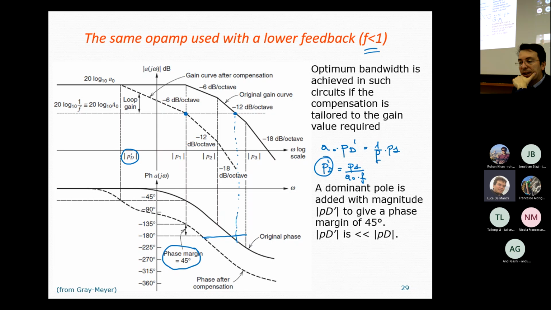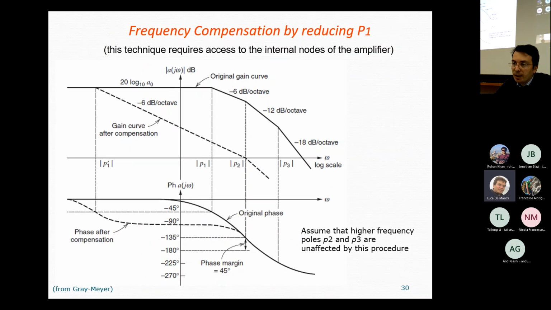So the phase margin is negative. So the solid curve is still unstable, but we need to add a dominant pole at higher frequencies to get the desired phase margin.